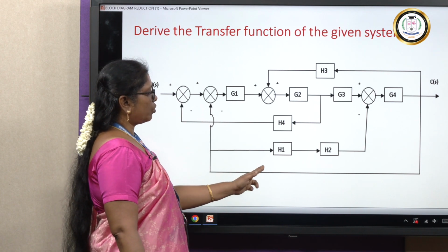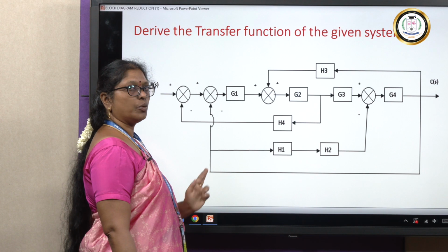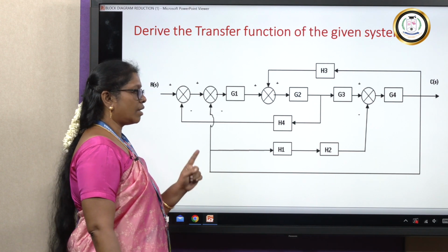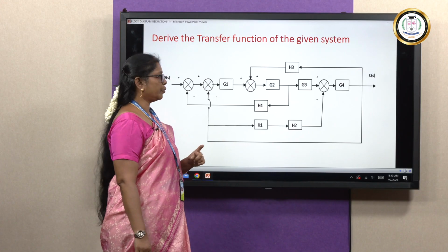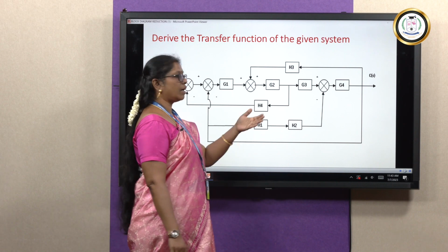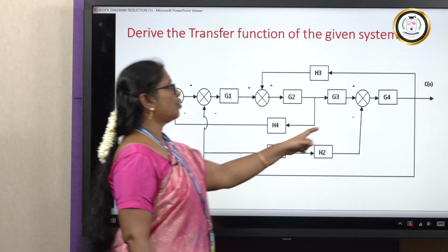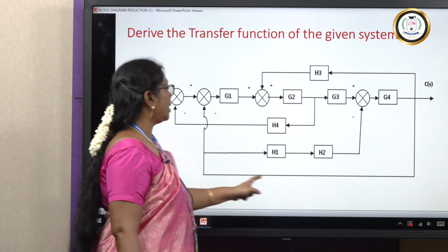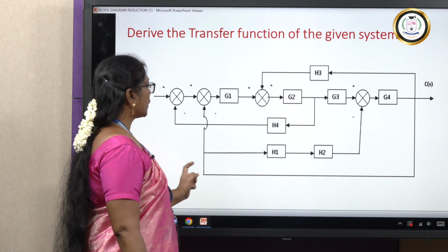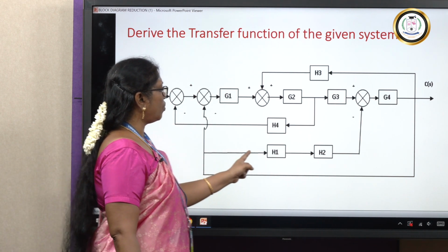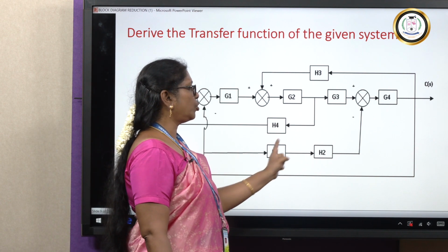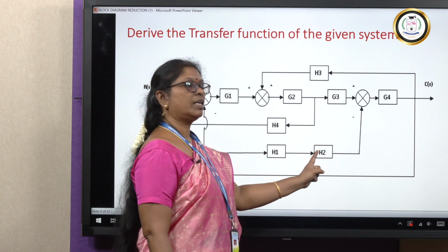If you have a single line, that is a unity feedback, that means the feedback element is 1. If you see the signal path, from here the signal goes here, and it goes over here also. Here we have two feedback elements H1 and H2.